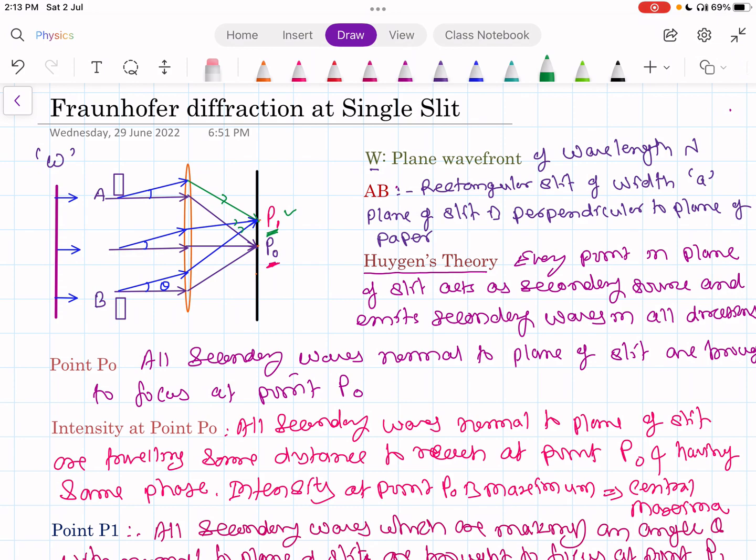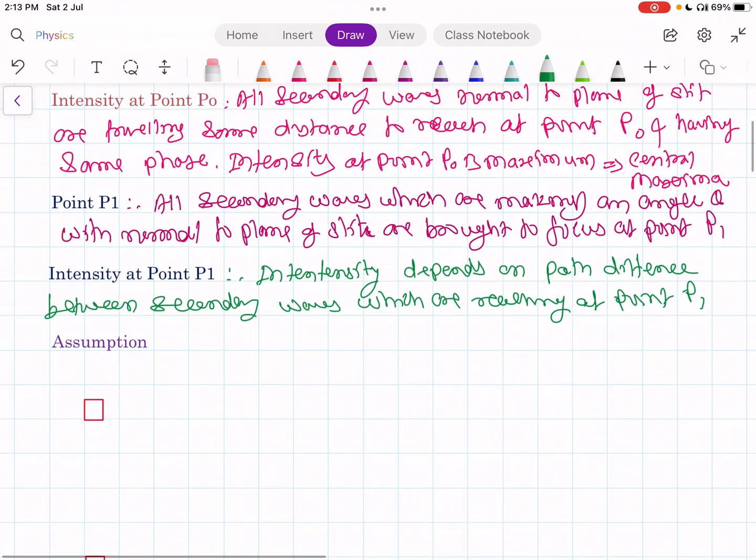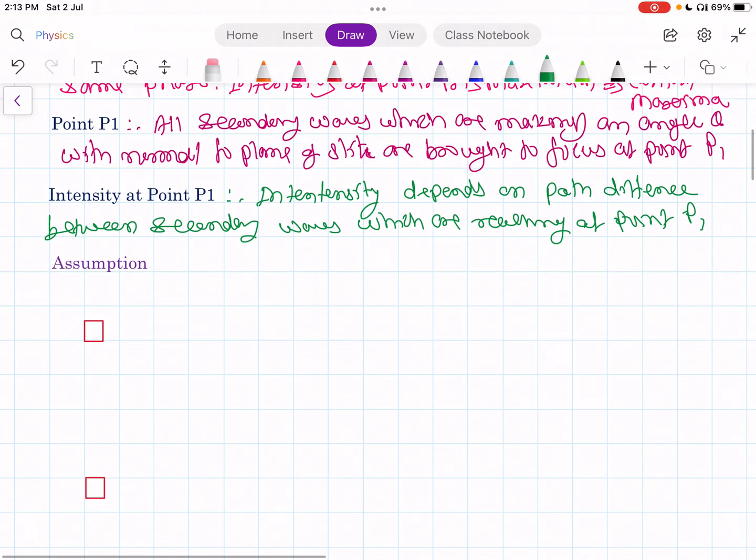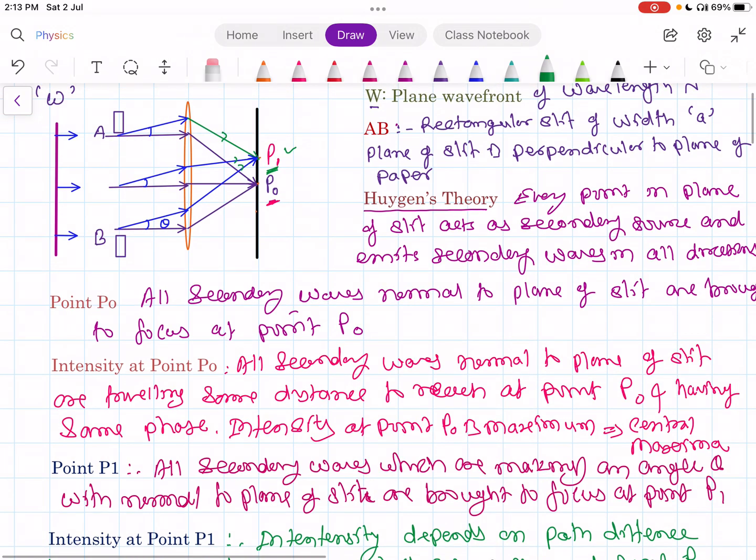Now to find out that, let us make the assumption. Let us assume that now when this wavefront is incident on the slit AB, every point in the plane of the slit acts as a secondary source.